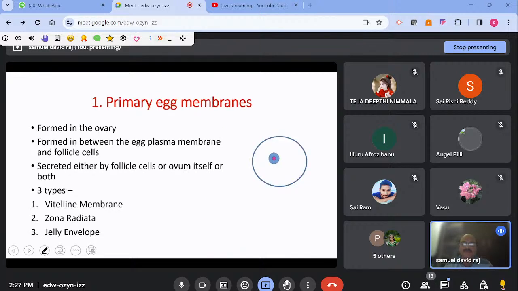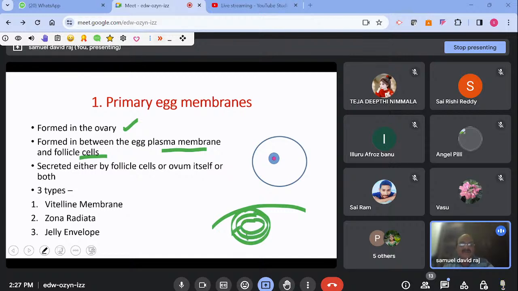Coming to the primary egg membranes. These are formed by the ovary itself. Where are they formed? They are formed in between the egg plasma membrane and follicle cells. When you see, this is the germinal epithelium and this is a Graafian follicle.